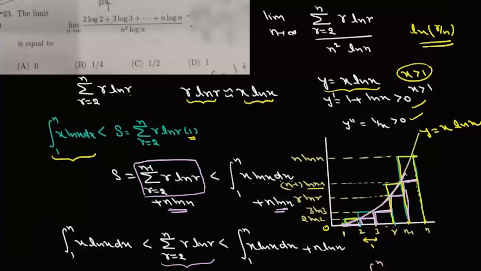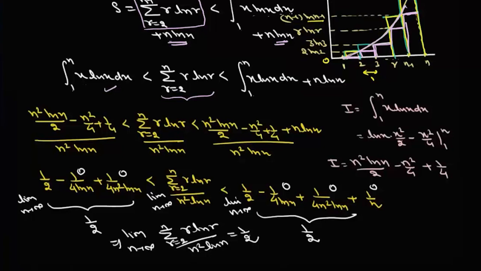Now we'll first solve this integral x log x dx from 1 to n. This is simple, and can be done by parts. So if we take this integral of x log x from 1 to n, this is log x as it is, times x square by 2, minus the integral of x by 2, which gives x square by 4, from 1 to n.